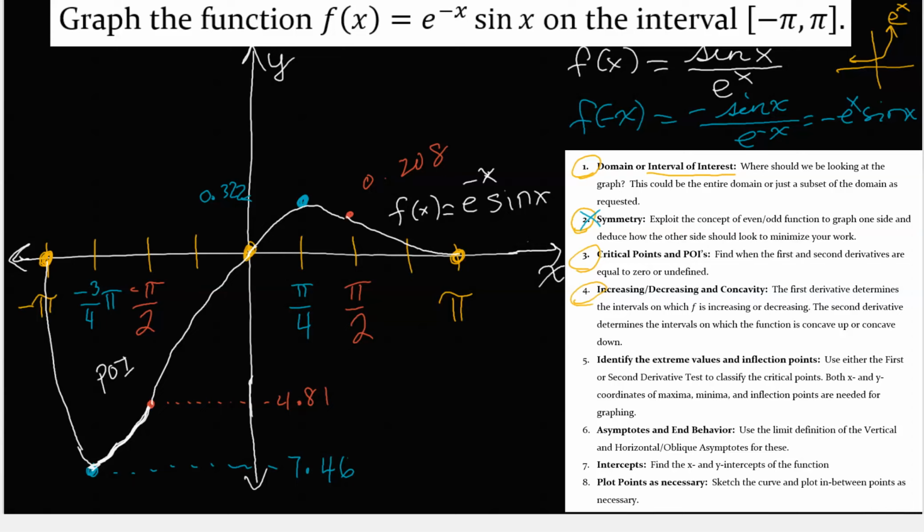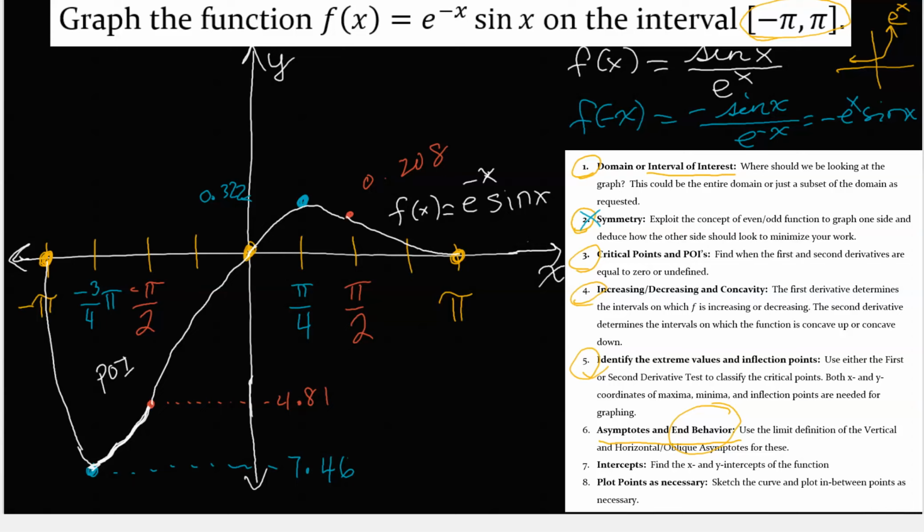The first derivative will tell you when it's increasing, decreasing, and the second derivative concavity, which will give you relative max and min, and also point of inflection. Okay, and then we don't need to worry about vertical asymptote, and we also don't need to look at the end behavior because we are only looking in this interval right there.